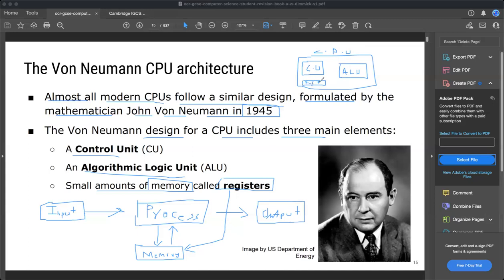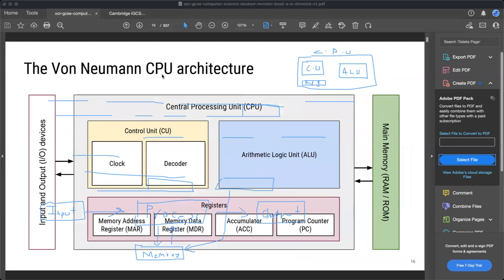REG means registers, okay? This is the idea of von Neumann. So till today, we are following the same CPU technology, right? Perfect.